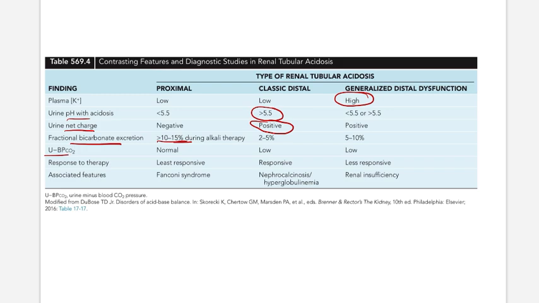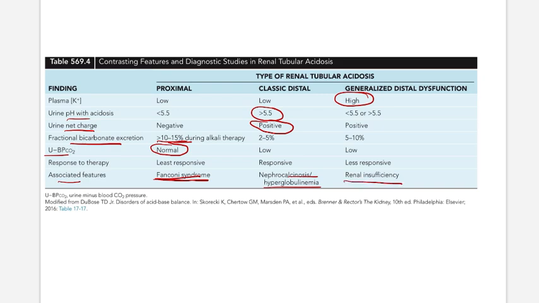This is not routinely performed. This is experimental, but just remember, in proximal RTA it is normal, and in other RTAs it is low. Associated features are Fanconi syndrome in proximal RTA, nephrocalcinosis and hypoglobinemia in distal RTA, and renal insufficiency in type 4 RTA.